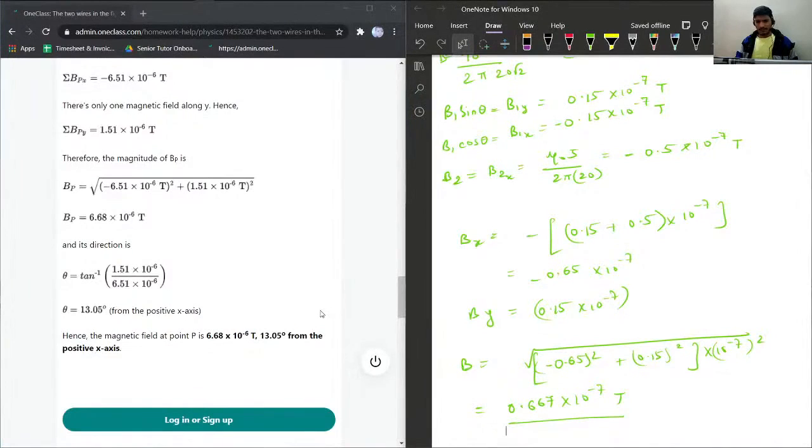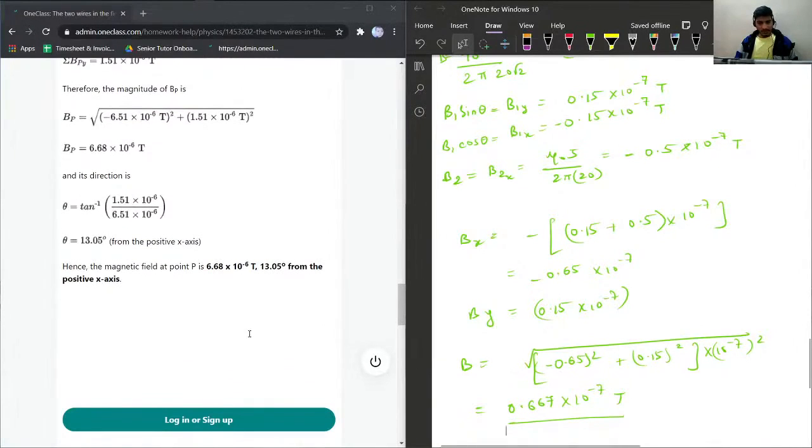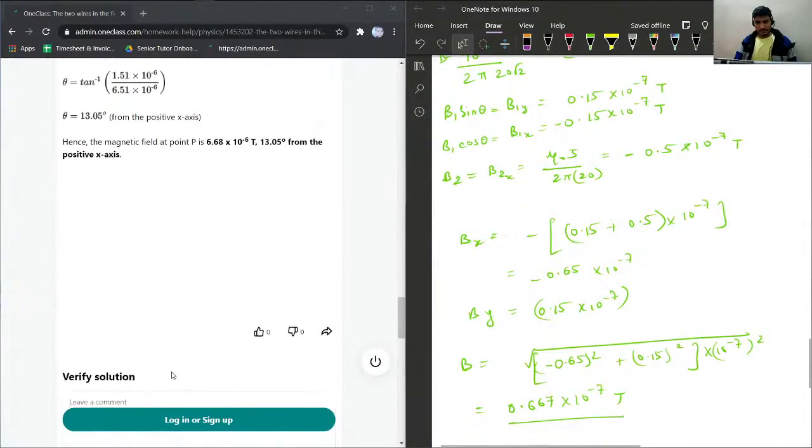I'm not sure why it is coming correct, because I took, okay, sorry. So basically here also I took, no, I don't think so. But the solution given by the Junior Tutor is also pretty much the same.